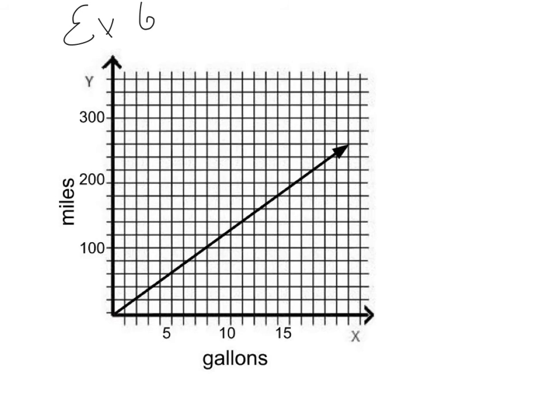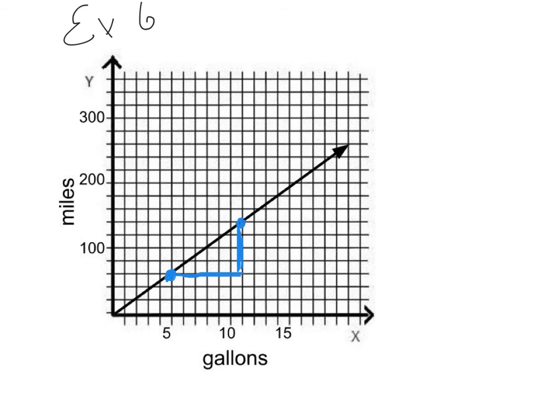Okay, I'm going to pick a couple of points. You can pick any 2 points you want, but I'm going to pick this point and this point. And let's draw the sides of our triangle, and measure them on our horizontal axis.